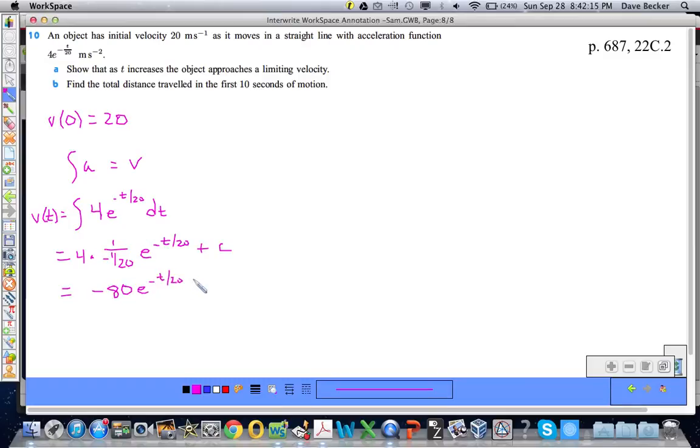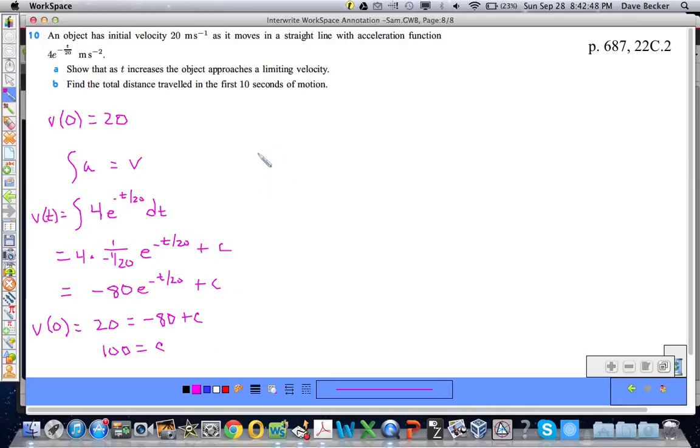But we know that v of 0 is equal to 20, so 20 is equal to negative 80 e to the 0 power, plus c. 0 over 20 is 0, and anything to the 0 is 1, so 20 equals negative 80 plus c, which implies that our constant is equal to 100.